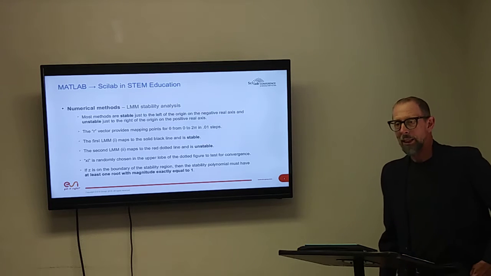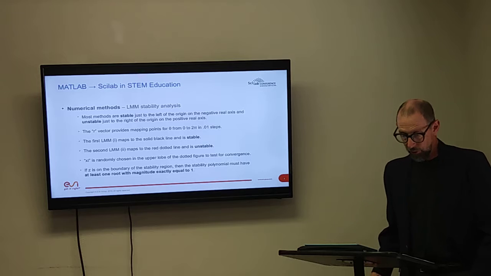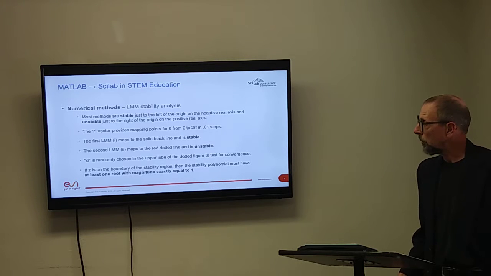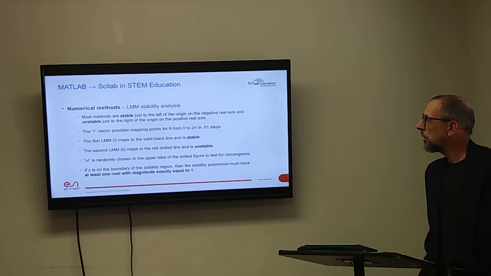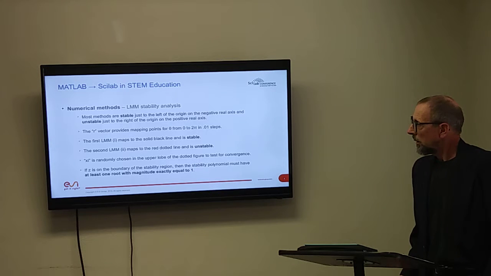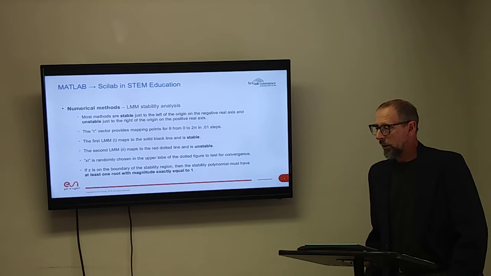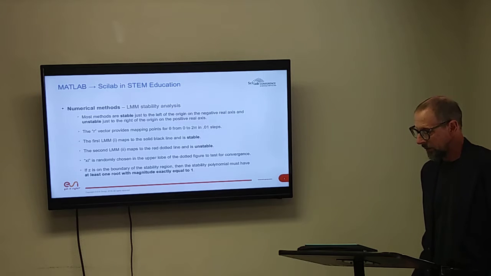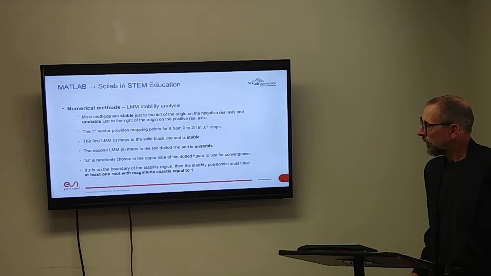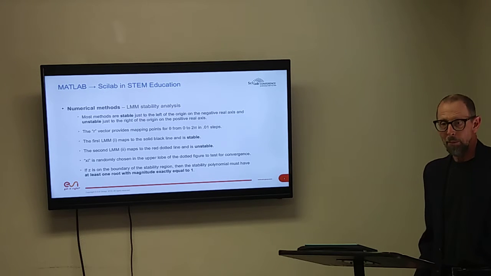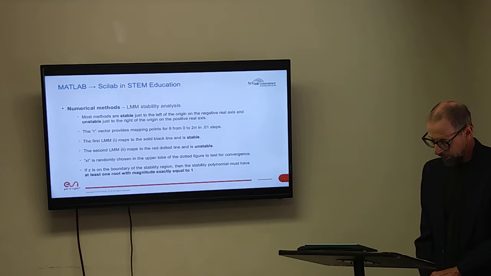Okay, a look at stability of the solution to an ordinary differential equation, whether it converges or diverges. Stability is related to where it is on the plot. The graph that was given to the student showed the MATLAB plot, and I showed a Scilab plot.